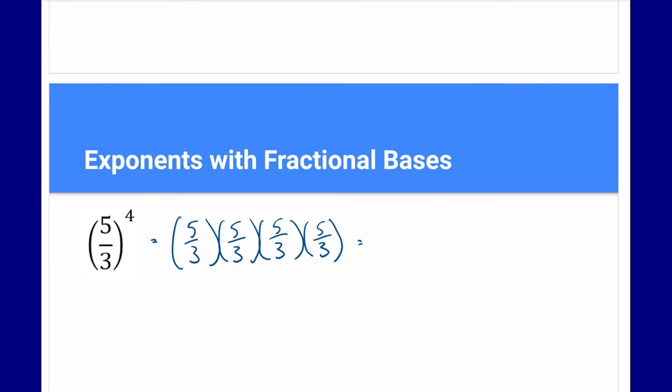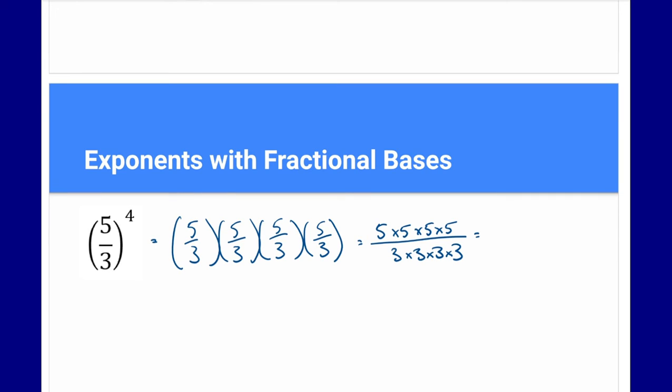I can then simplify this because by multiplying fractions, I multiply the numerators together and I multiply the denominators together. So for my numerators, I would have 5 times 5 times 5 times 5 over 3 times 3 times 3 times 3.